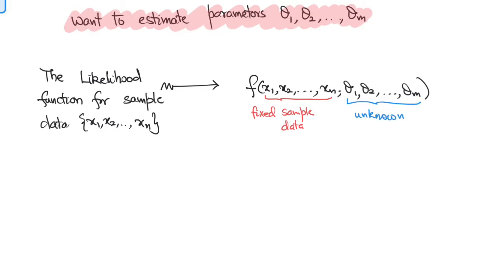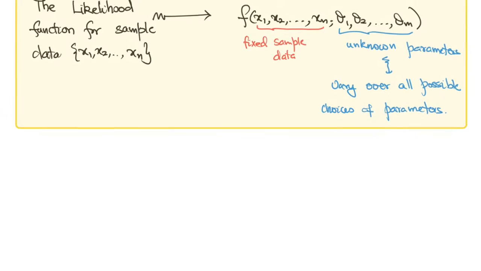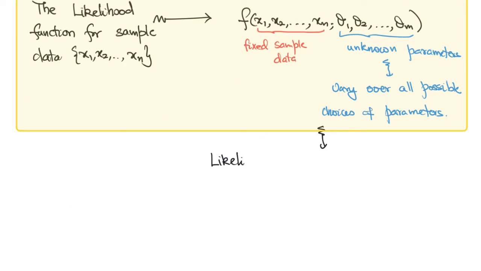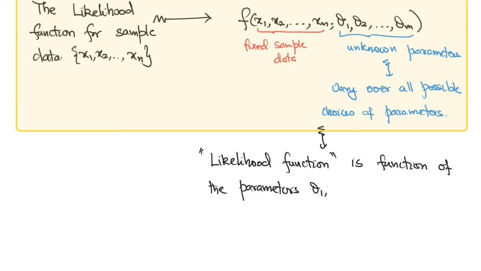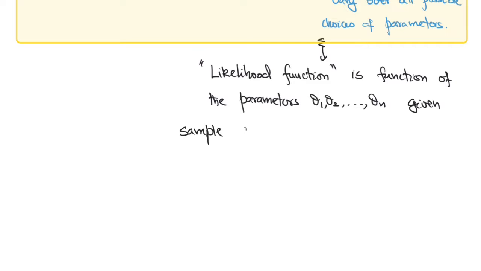Notice that in this definition, the xi's are fixed, and this function really depends on the theta i's. The theta i's are allowed to vary over the parameter space. The likelihood function is a function of the parameters theta 1, theta 2 up through theta m, given a fixed sample data x1, x2 up through xn.